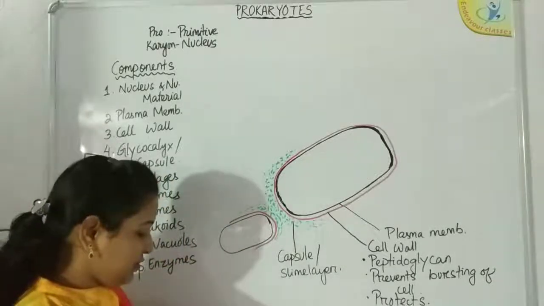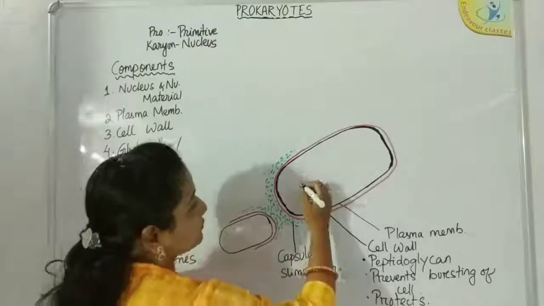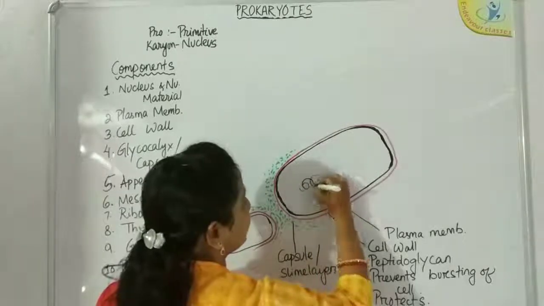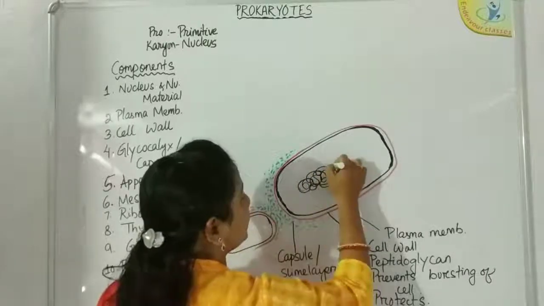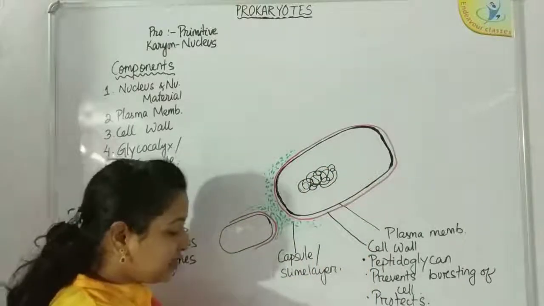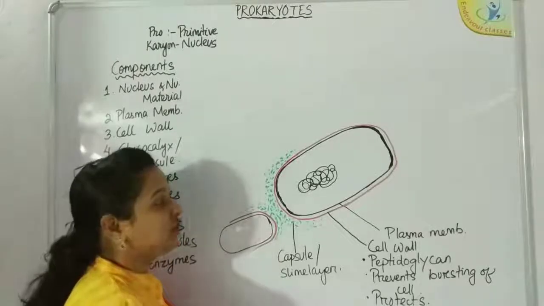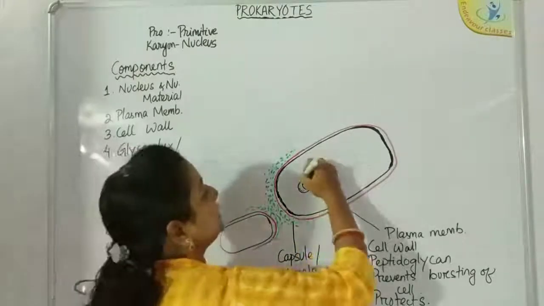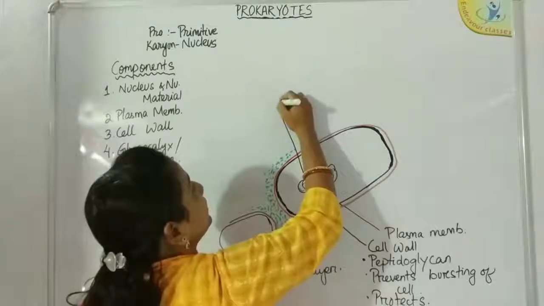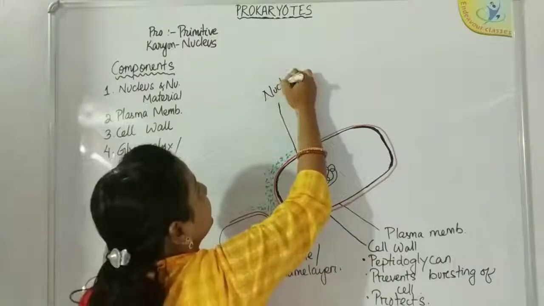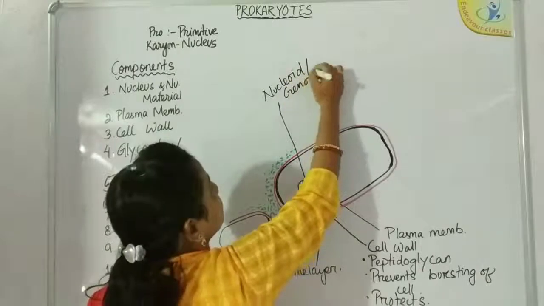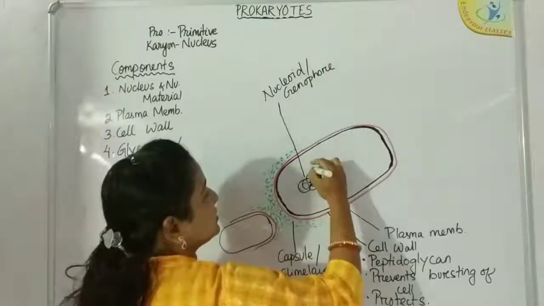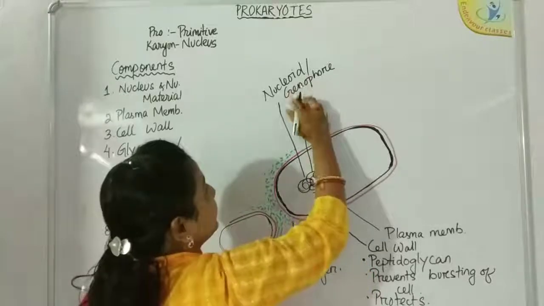Next to it, one more structure. In the cytoplasm, there is naked DNA or a naked chromosome. That region of the cytoplasm which contains the naked DNA is called the nucleoid or genophore, and this is the chromosomal DNA.